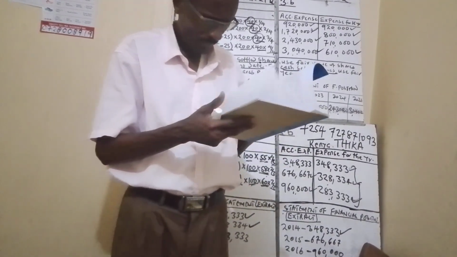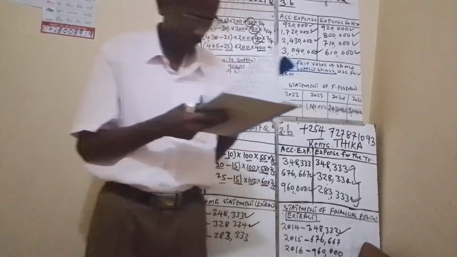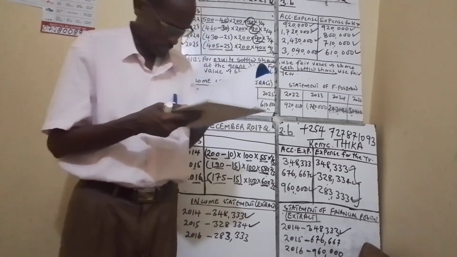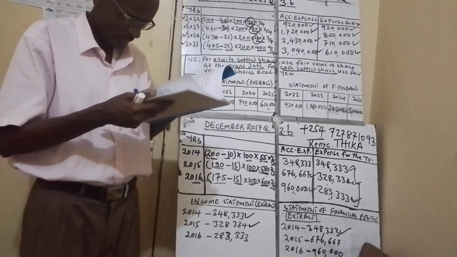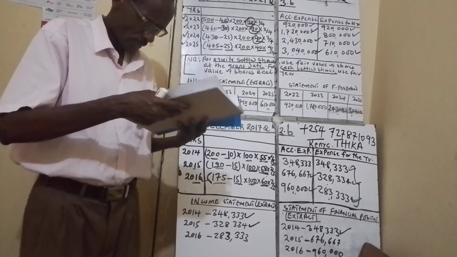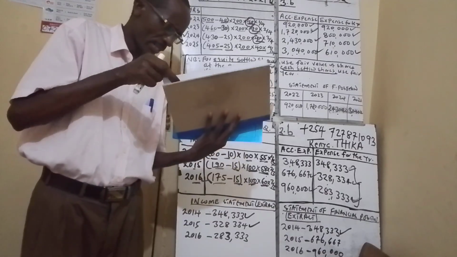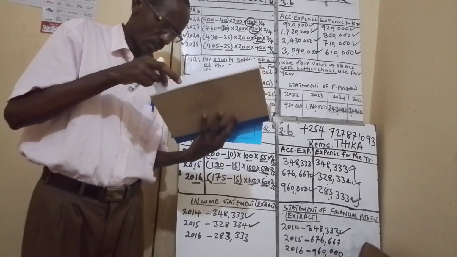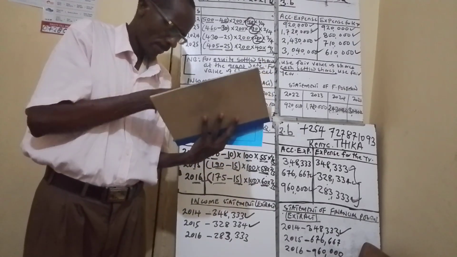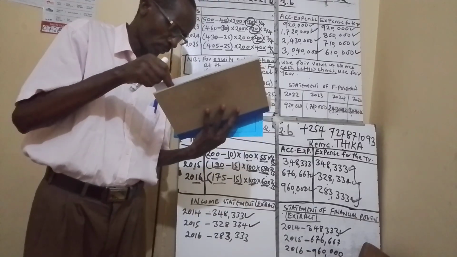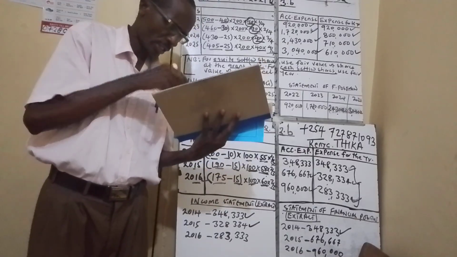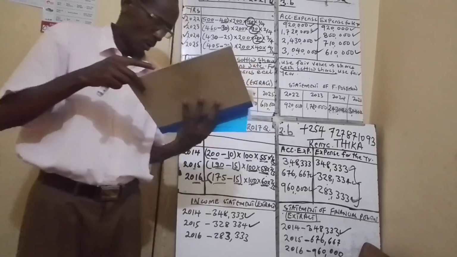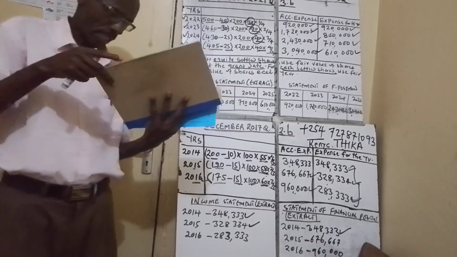What is remaining in chapter 1 before we go to chapter 2, which is about group accounts?